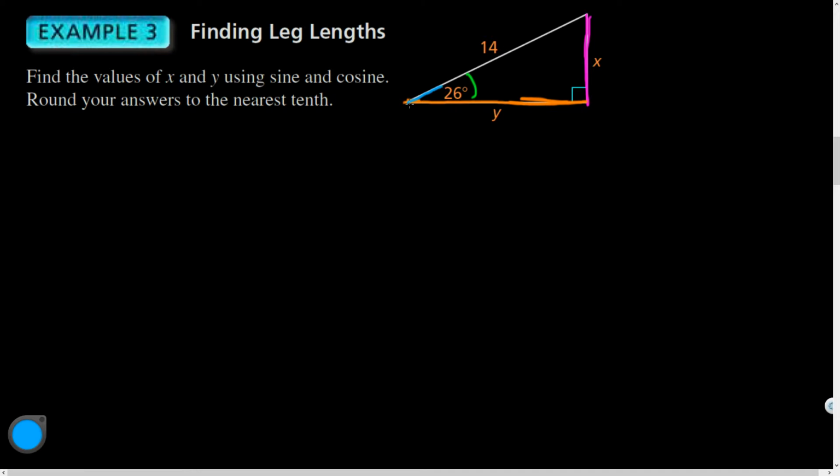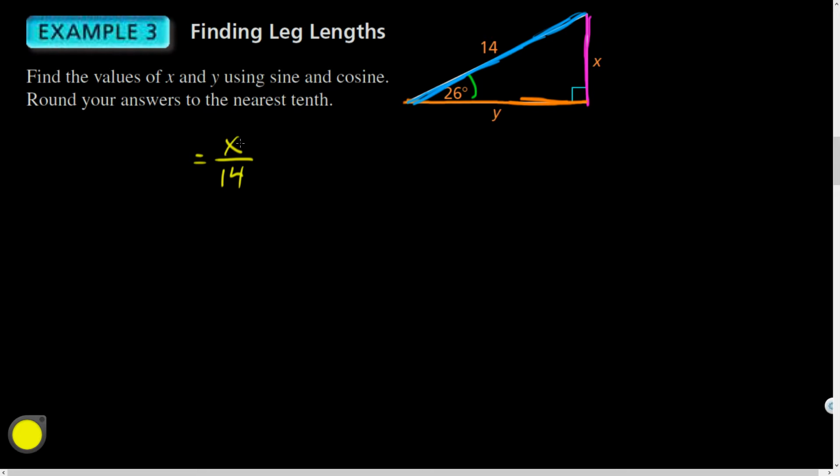But I do know the hypotenuse, and I can compare either opposite or adjacent to that hypotenuse using sine or cosine. So let's say I wanted to find x and compare it to 14. What trig ratio would compare x and 14? Sine, because that's the opposite and the hypotenuse.